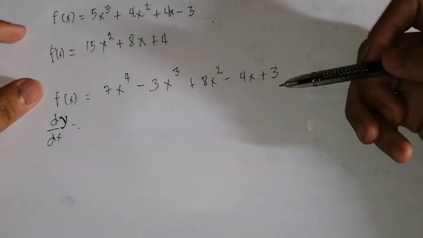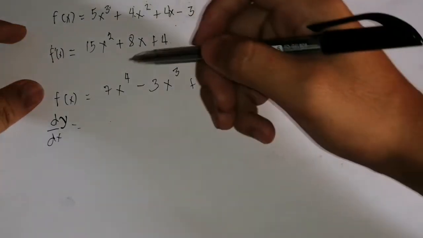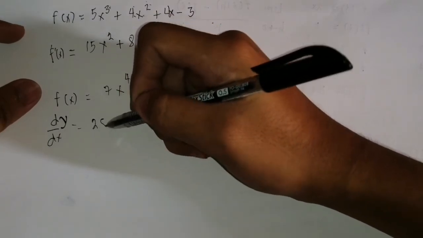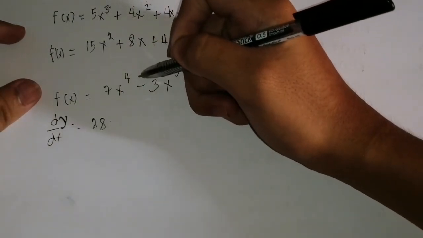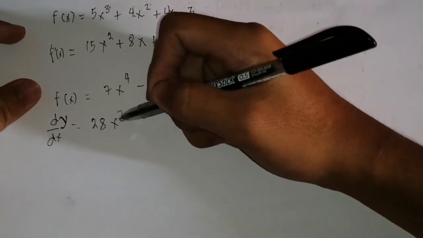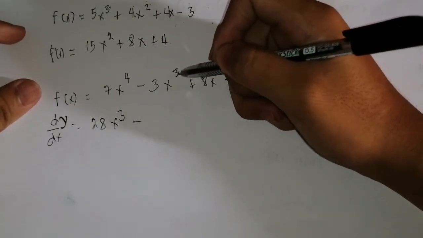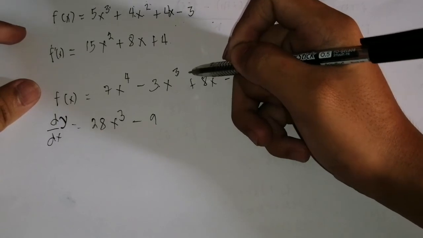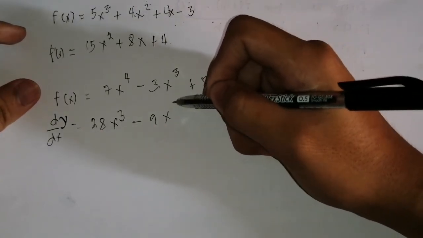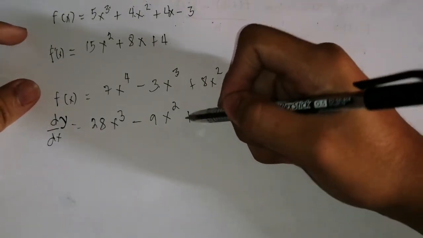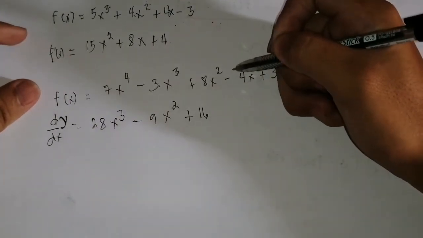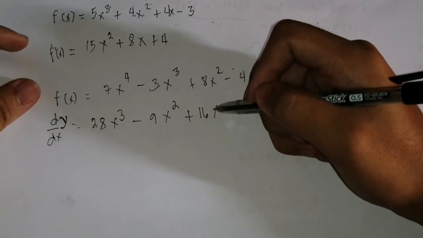We will just use the power rule. So, 7 times 4 is 28, then 4 minus 1 is 3, so x cubed, minus 3x squared. 3 times 3 is 9, then 3 minus 1 is 2, so x raised to 2. Then plus 2 times 8 is 16, 2 minus 1 is 1, so it is just x.